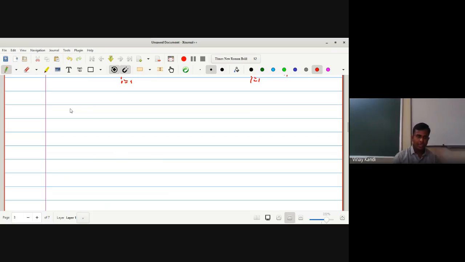Hence, we have let L of psi p is equal to psi p raised to n plus a1 of x into psi p raised to n minus 1, up to so on, an of x into psi p.